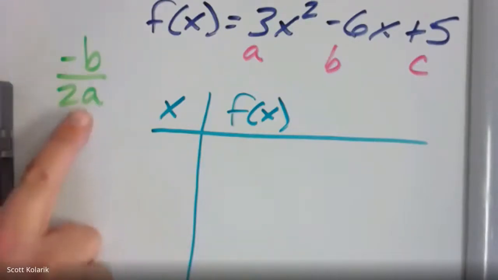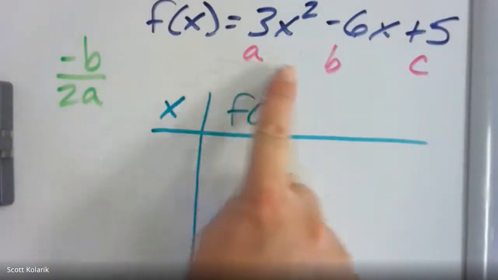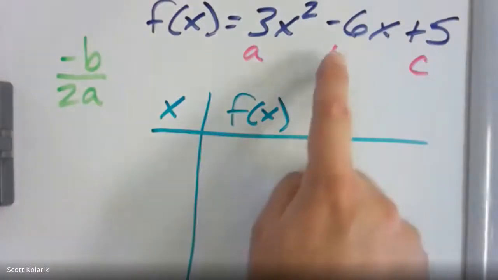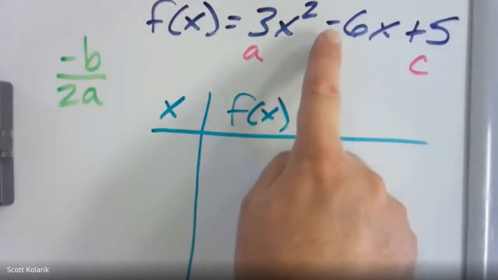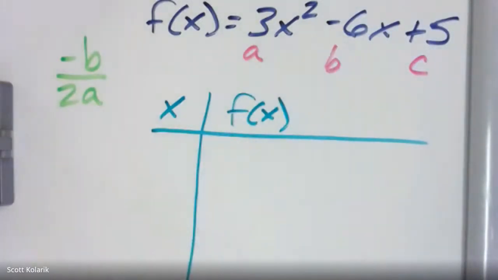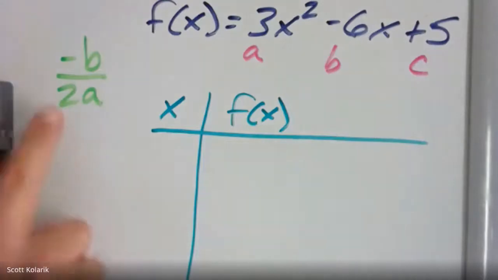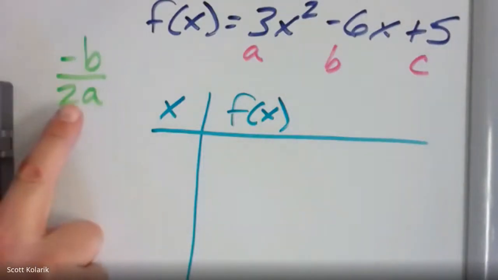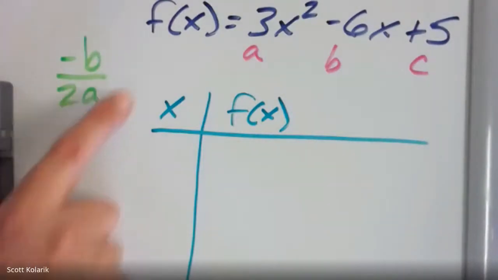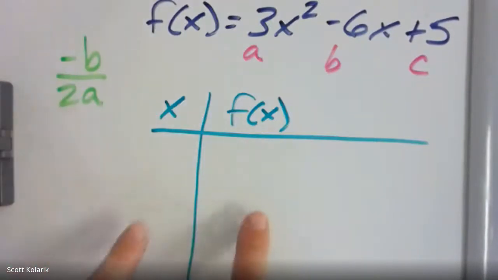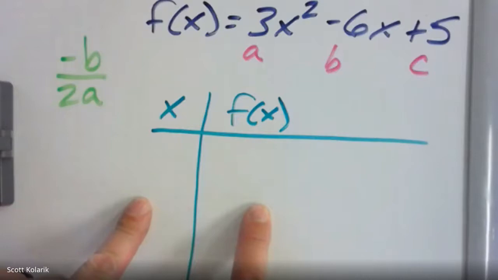So that b and a come directly from these two coefficients. I just have to be careful with things like this. That negative sign is attached to the 6, so don't lose track of that. But I'm going to use this to not only find the axis of symmetry, that value that I'm going to get from this negative b over 2a is going to end up being my middle value on my XY table, my vertex value.